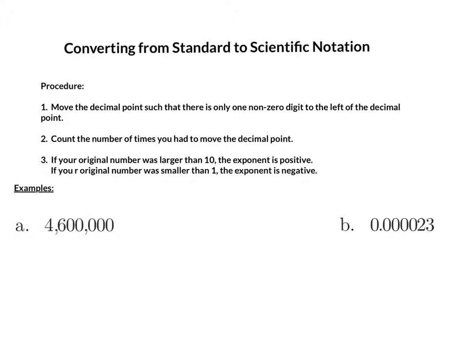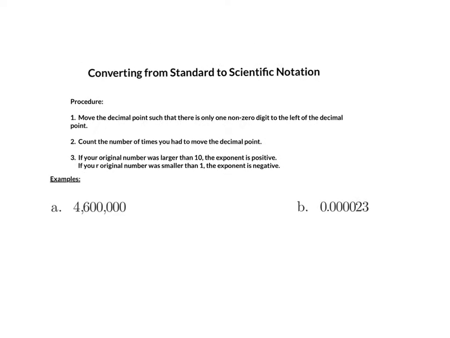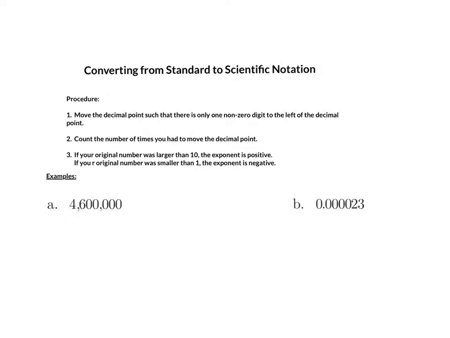For example A, we have 4,600,000. My decimal point is right after the last zero. So the goal is to move the decimal point to between the 4 and the 6. That would give me one digit in front of the decimal point, and this would be between 1 and 10. So how many spaces do we have to move the decimal point?